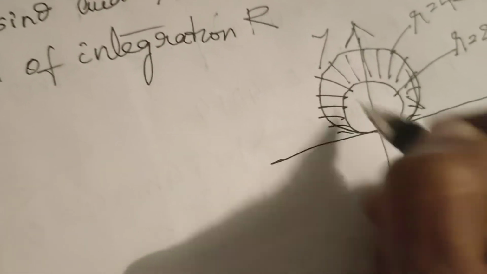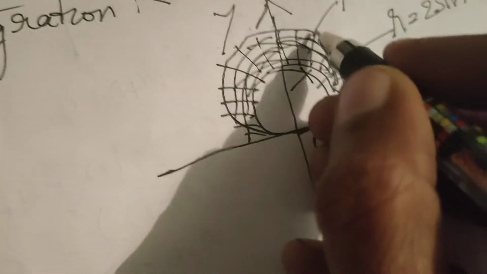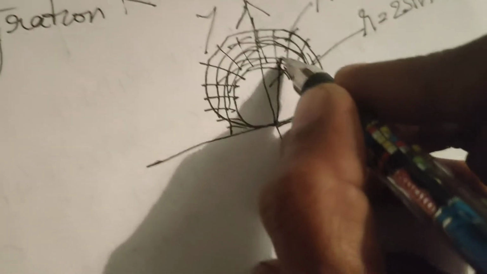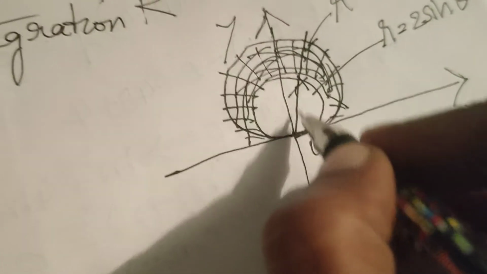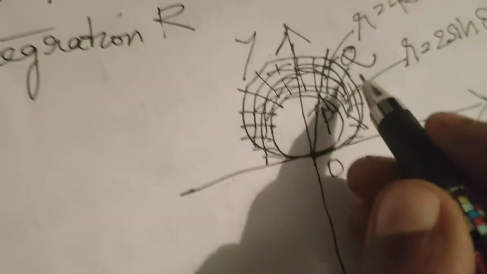As given in the problem, the shaded area is in between the two circles. The circles intersect the axis at two points, which we assume are P and Q.